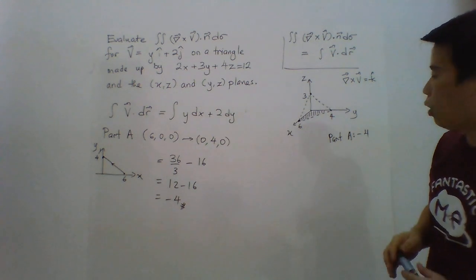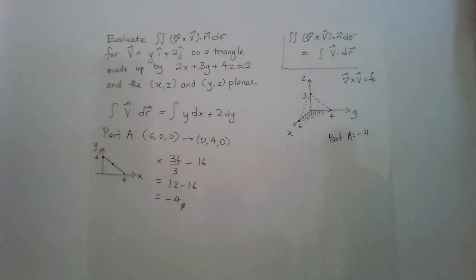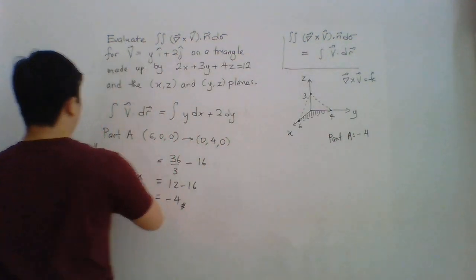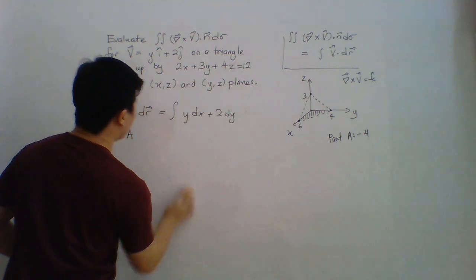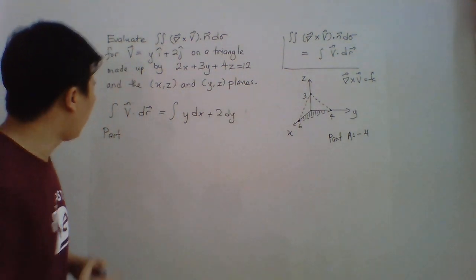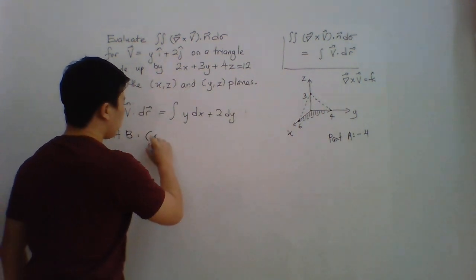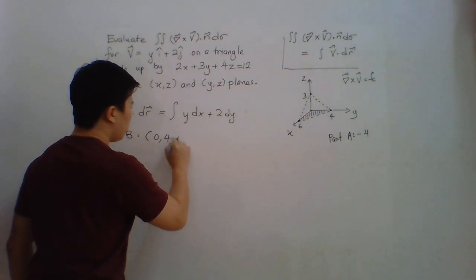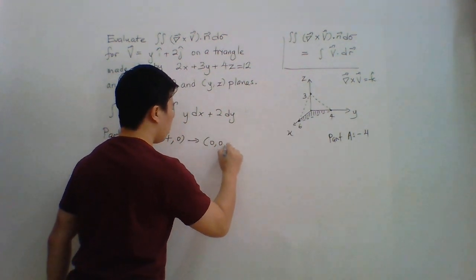So now, next one, we are going to evaluate from this point to the origin. So let's call this part B, or line B if you want. This is going to go from 0, 4, 0, which is over here, to the origin, which is 0, 0, 0.